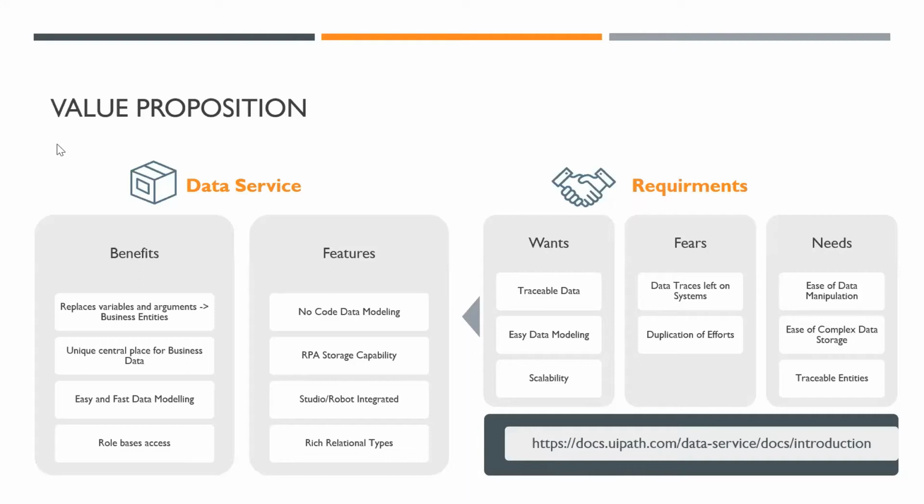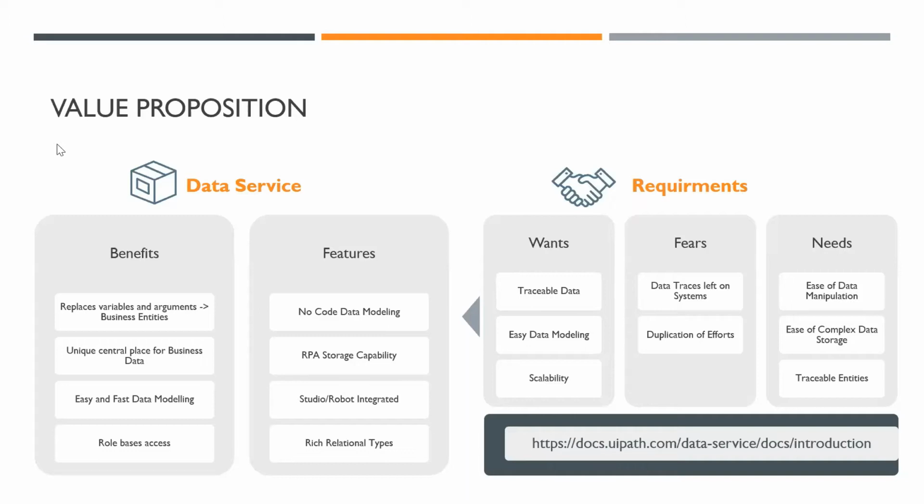Data Service is designed to be fully integrated with UiPath Studio and UiPath robots, allowing you to build powerful automations that can leverage capabilities like rich relational data types, integrated security, and instantaneous provisioning and deployments without worrying about scale.